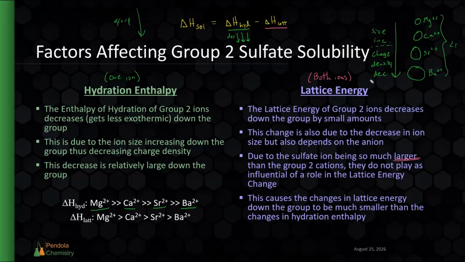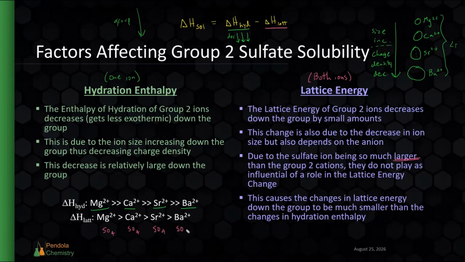And since every single one of these compounds has sulfate in it, they stay relatively constant and only decrease by a little bit because of the changes in the cation. So what happens? In the lattice energy, there is still a decrease down the group as we go from magnesium sulfate to calcium sulfate to strontium sulfate, because remember, all of these have SO4 associated with them.